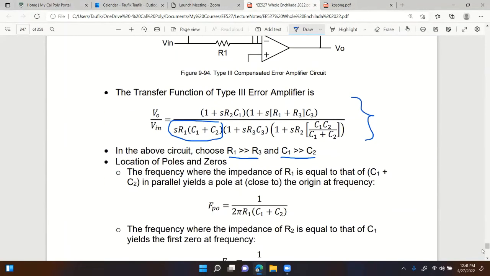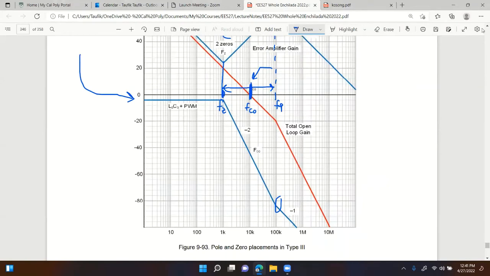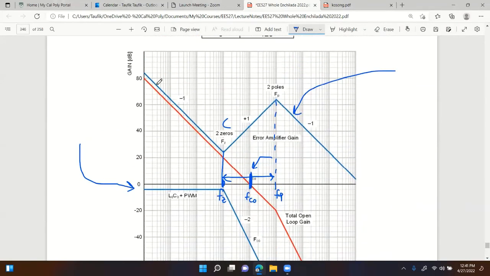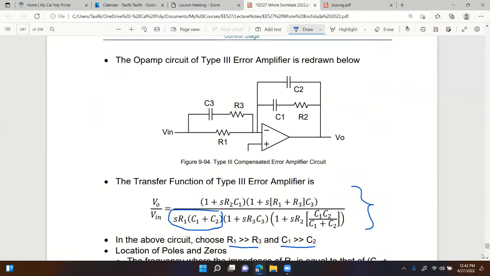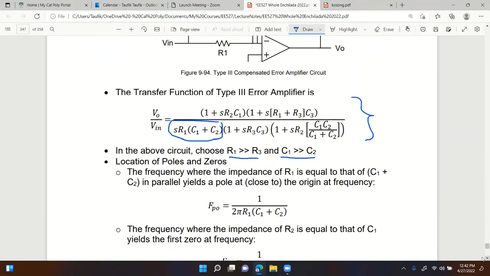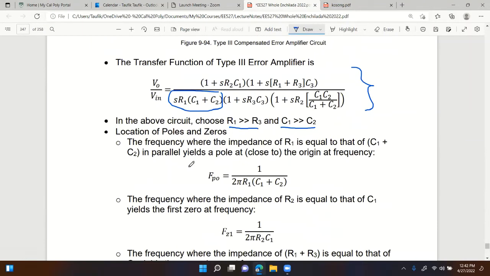That would give us the initial -1 slope. Let me show you again, just to make sure you know what I'm talking about. There's going to be a pole at the origin, that's why you get the -1 slope. It comes from R1 and C1 and C2. Right here, that's the location of that pole.